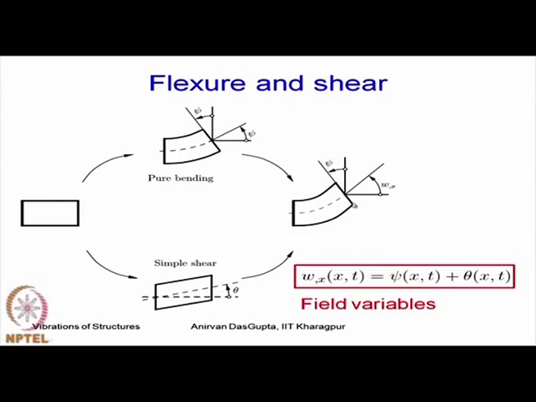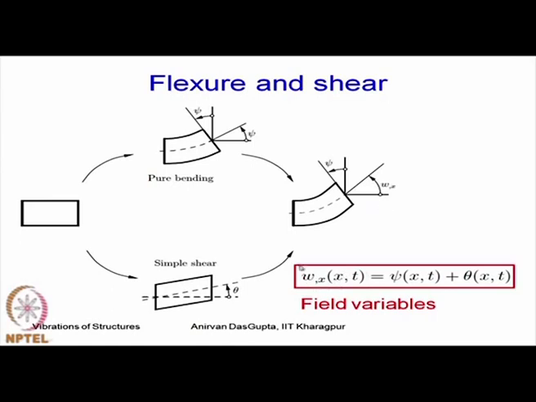You can see that because of the shear, the angle does not change. This was vertical, so this remains vertical, which means that the angle measured from the vertical remains psi, whereas the slope of the neutral axis changes.